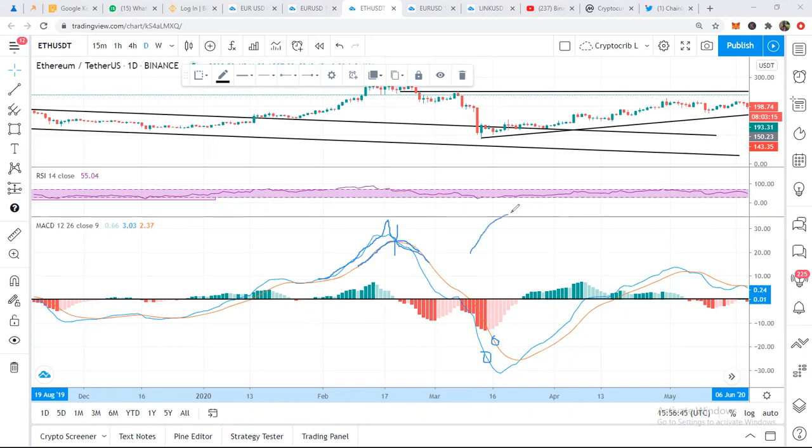So whenever you see them like this, and the blue line intersects the orange line downward, at this point it's telling you to sell because it's going down. Now let's look at the corresponding part on the chart.